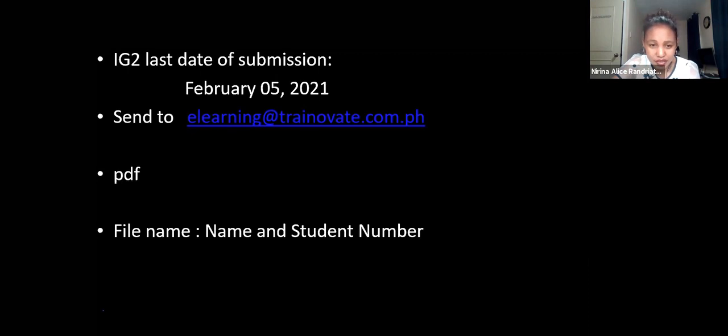Yes, the student number that we receive from IG1 is the same student number that we will use in IG2. So if you receive that confirmation email for IG1, then that's going to be your student number. You will also use that for IG2.